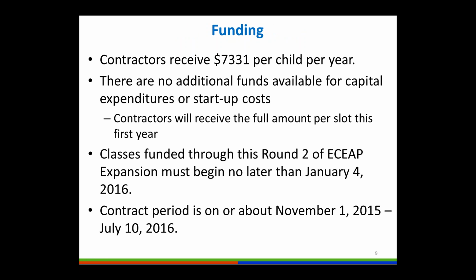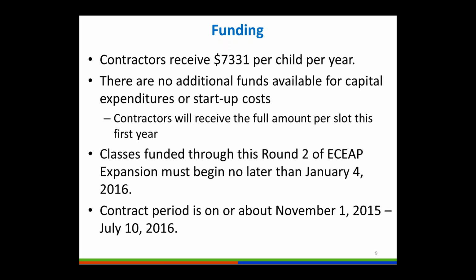Okay, funding. So as I said previously, contractors will receive $7,331 per child per year. There are no additional funds available for capital expenditures or startup costs. Contractors will receive the full amount per slot this first year.